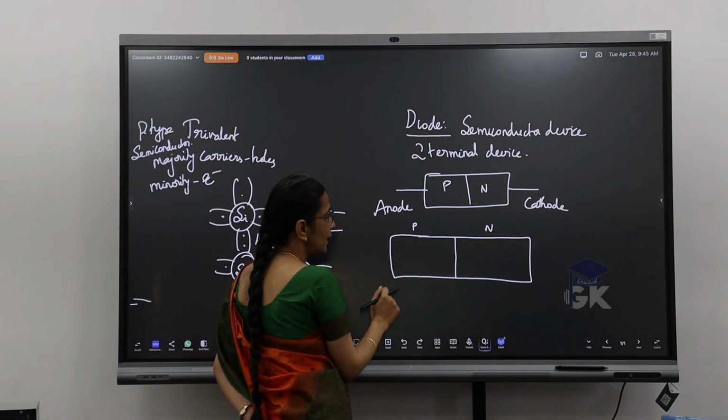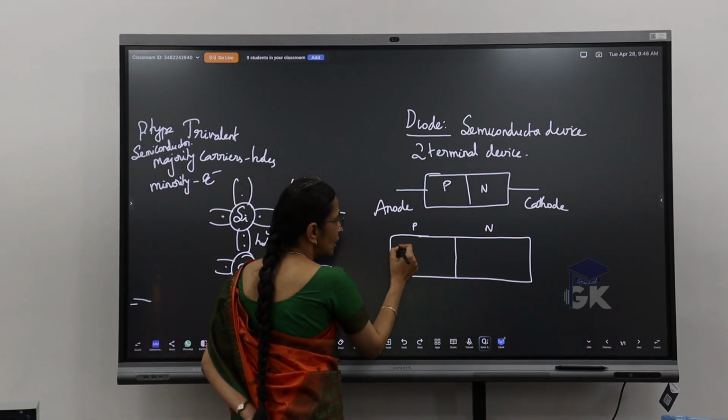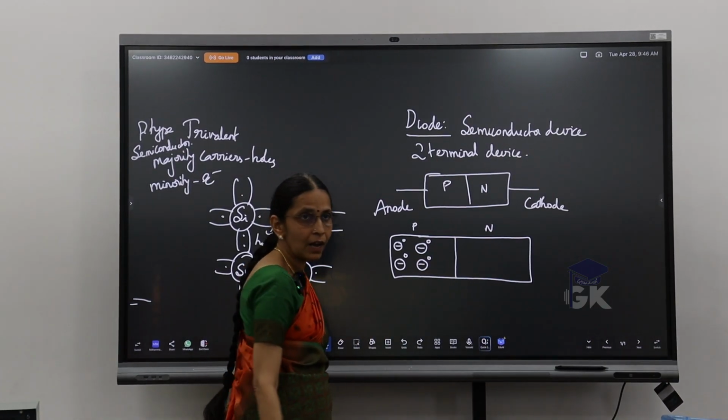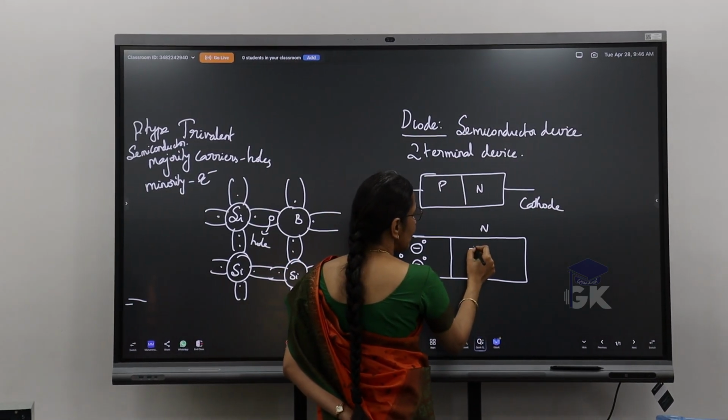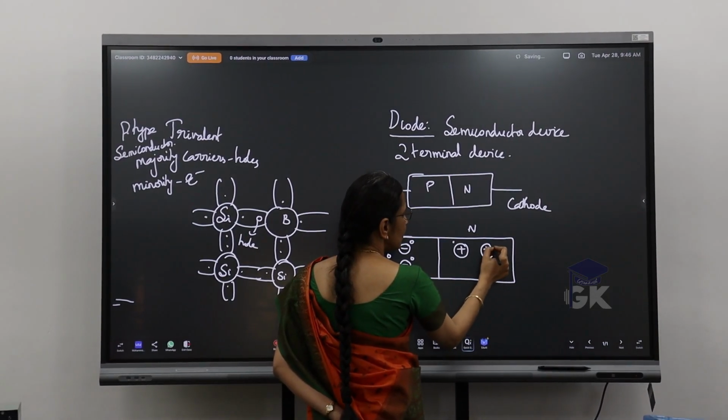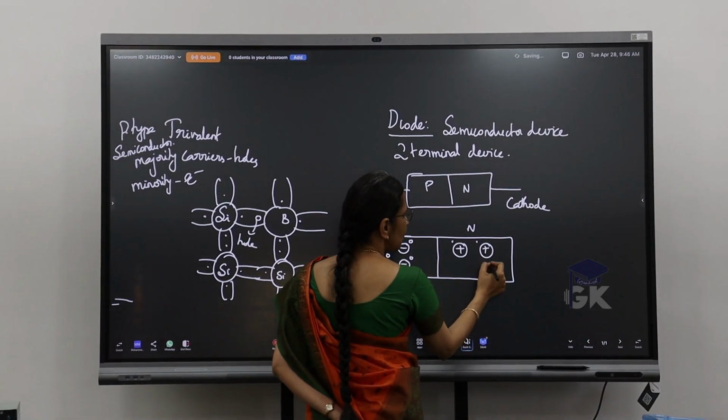In the P side, you would have seen a negative ion with a hole, and in the N side, a positive ion with an electron.